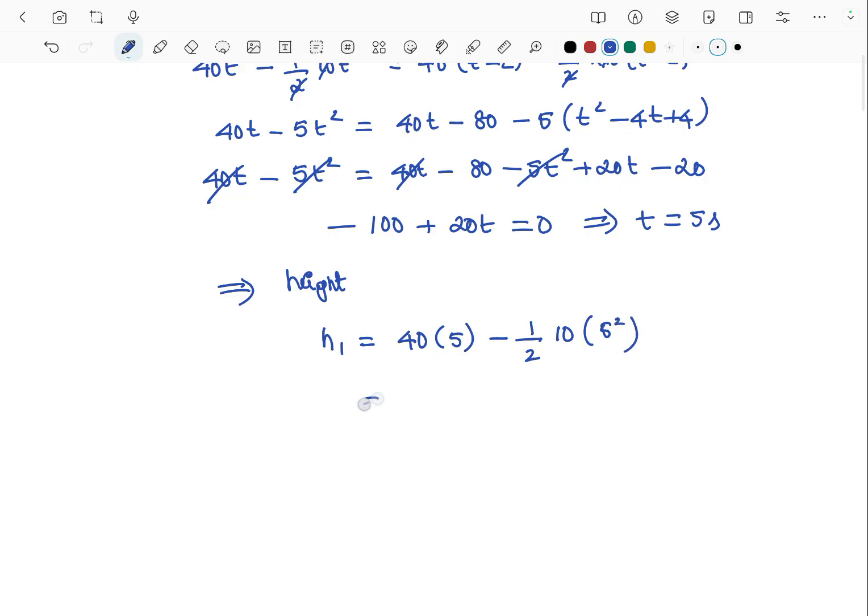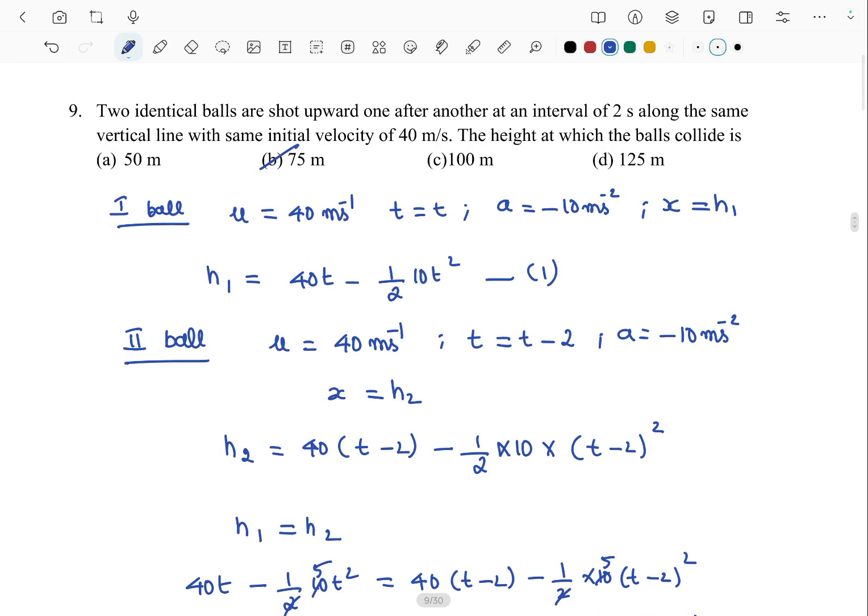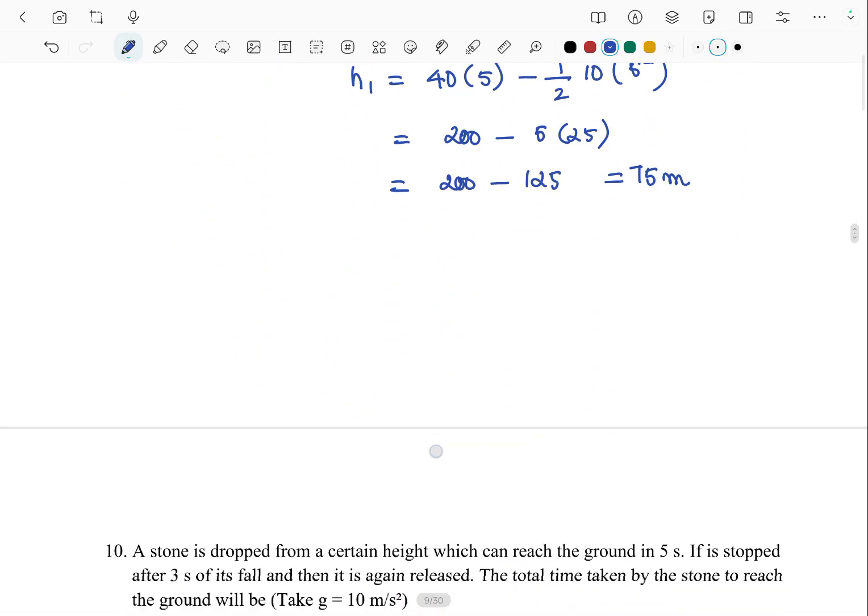That is going to become 200 minus 5 into 25, which is 200 minus 125. 200 minus 125 is 75 meter, the height where the two balls collide, which is going to be our second option. Let's go to the next question.